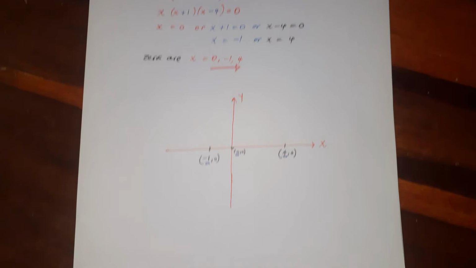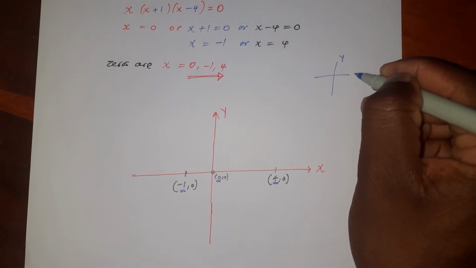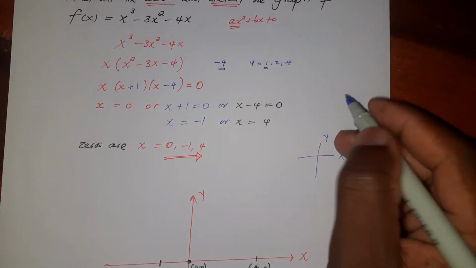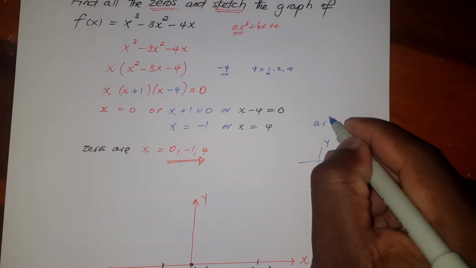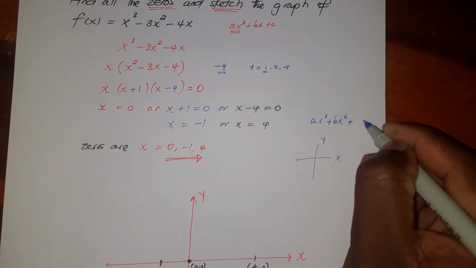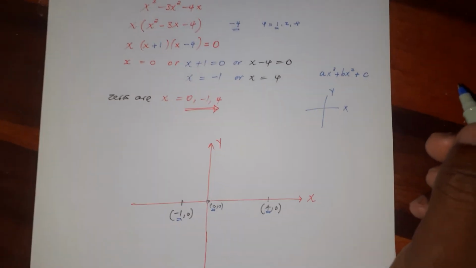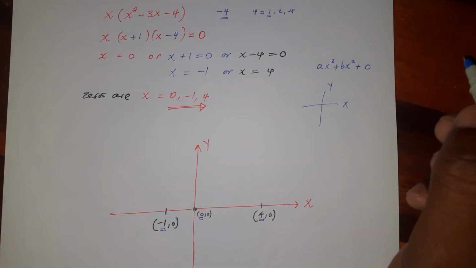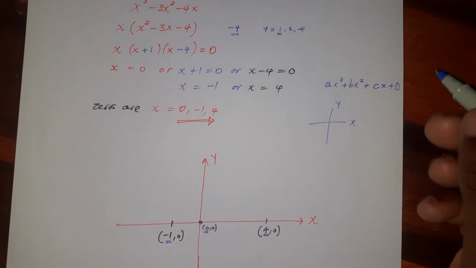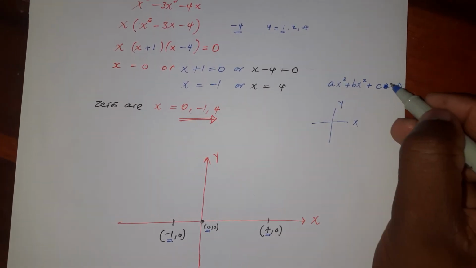Assuming we have our Cartesian plane like that, let me write ax cubed plus bx squared, and then plus cx, and then plus d. We don't need to include the d. Let's just end here at cx.